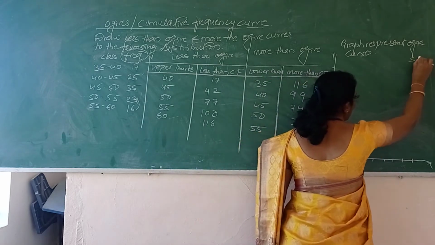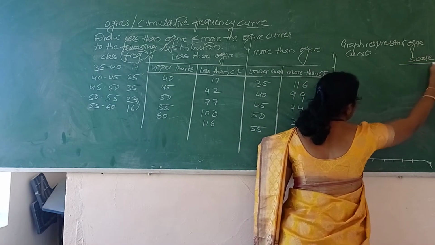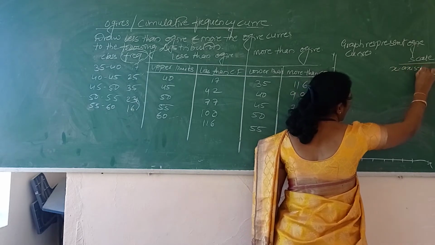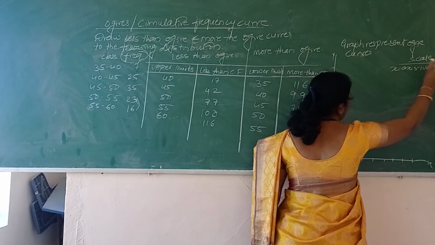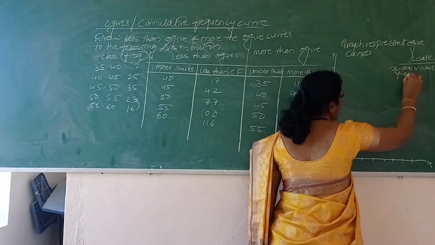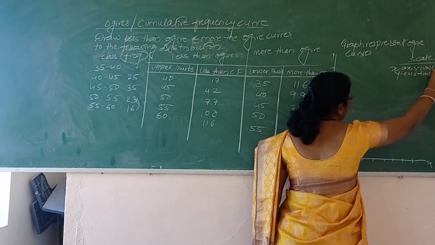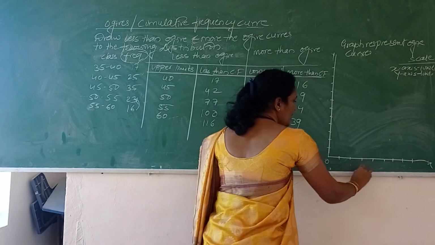Whatever the scale is, you write it. X-axis 1 unit, y-axis 1 unit. So this is our class.